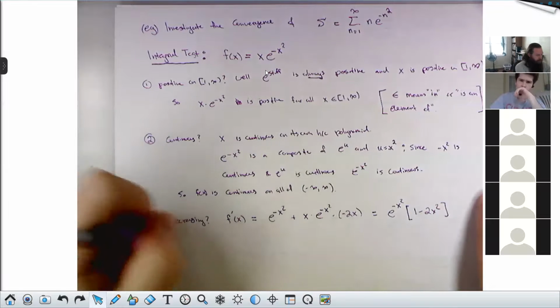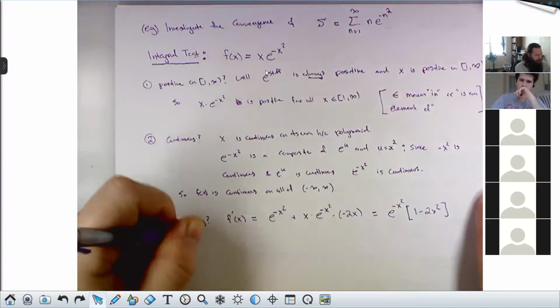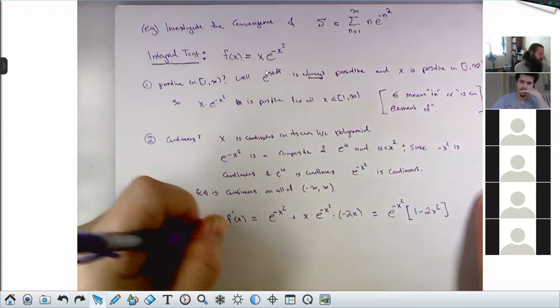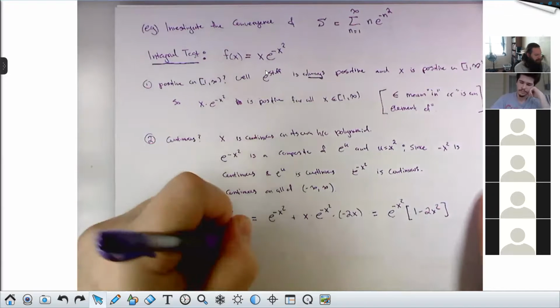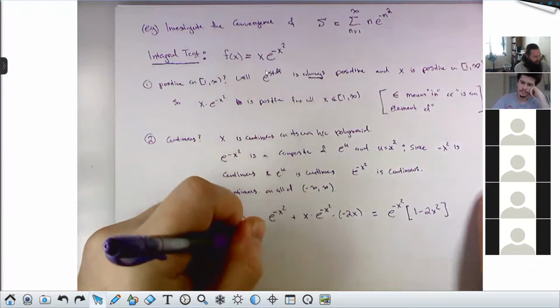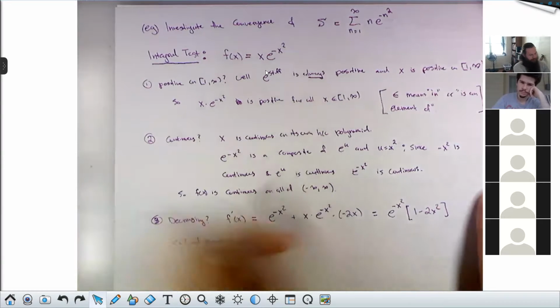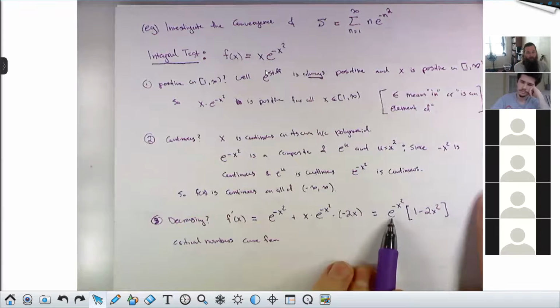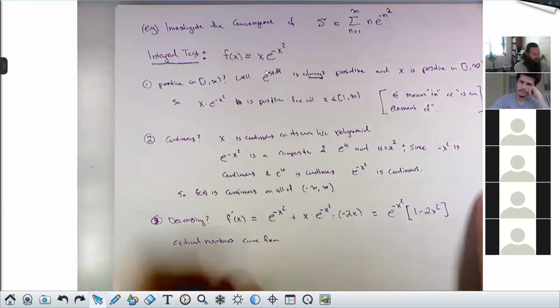So the critical numbers come from this piece, which is never 0, and this piece, which is 0 twice.